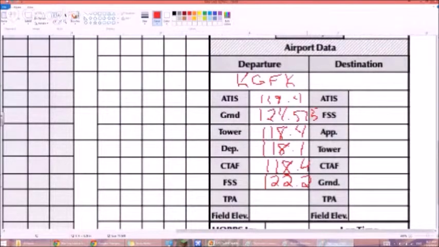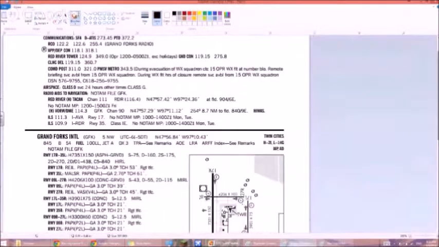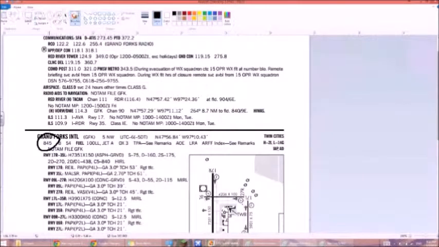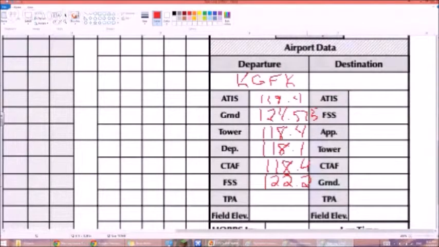Next, we'll go over the field elevation instead of the traffic pattern altitude. We'll show you that in a minute, why we did that. So our field elevation will be located right here, right at the top there. It's 845, which is feet above sea level, and that'll be written right here.